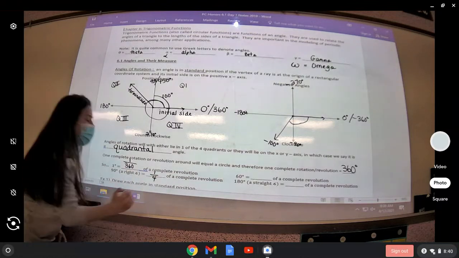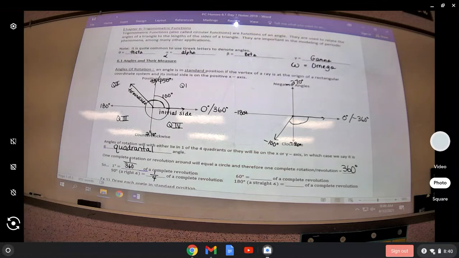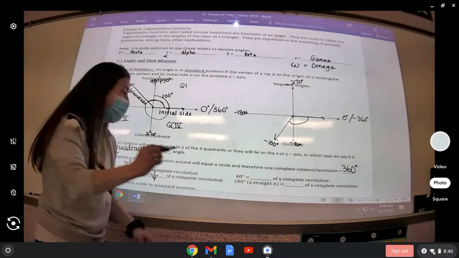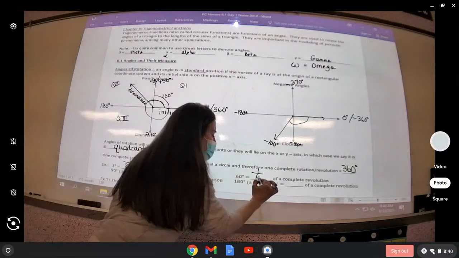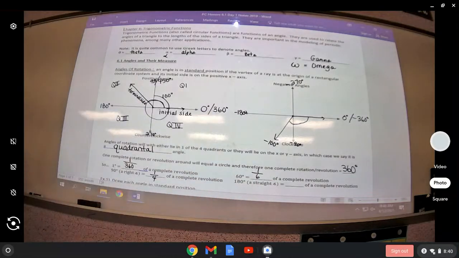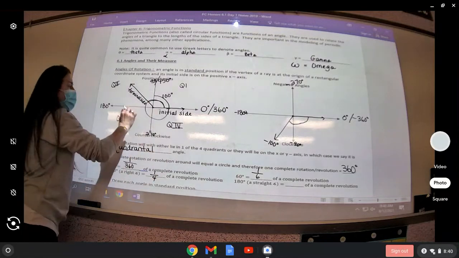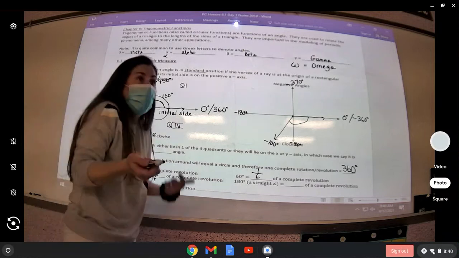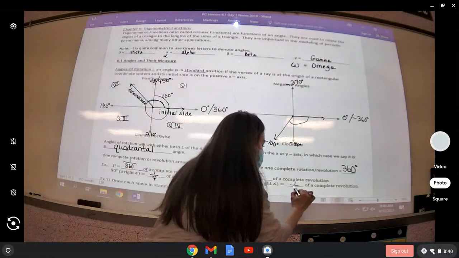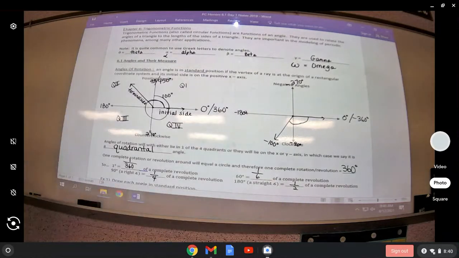That's 1/4 of a complete revolution. 60 degrees is 60 out of 360. That's 1/6 of a complete revolution. And then 180, a straight line all the way to here, is 180 out of 360. That's half of a complete revolution.